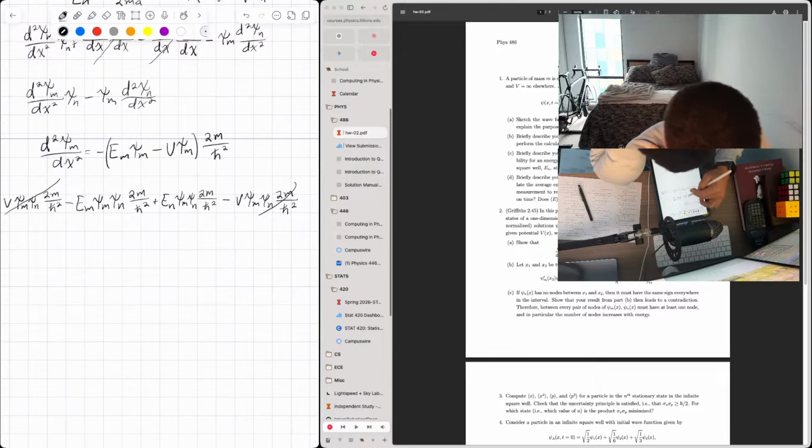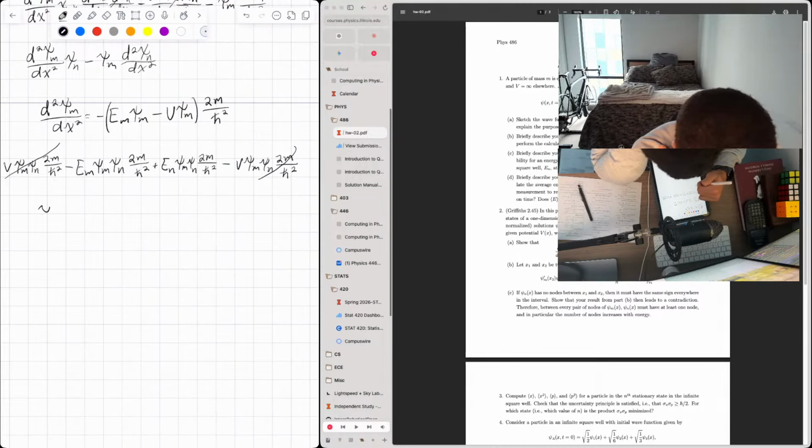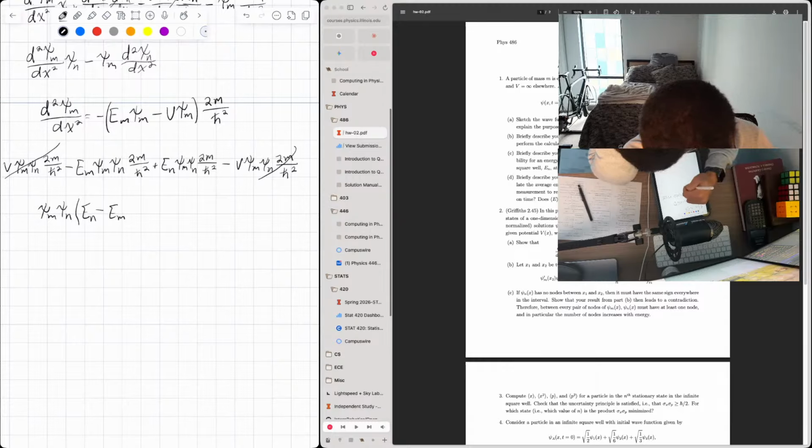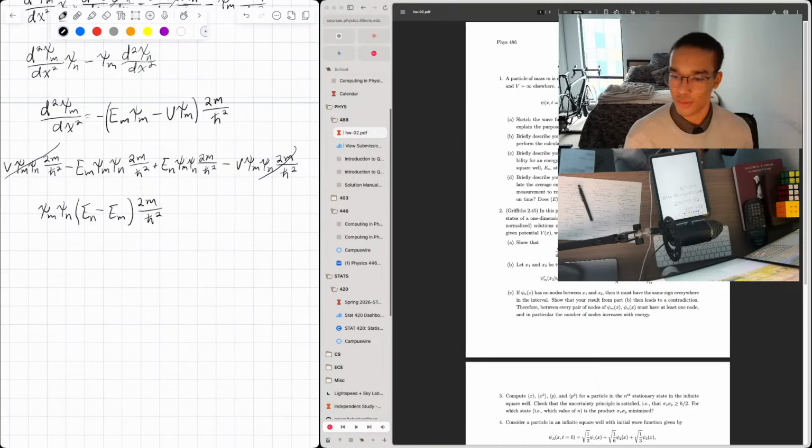Of course, these are just the same thing, so we're left with psi m psi n, E n minus E m, 2m. And that's what it wanted us to prove, right? Nice. Easy money. Let them be two adjacent nodes, show that this equals that.